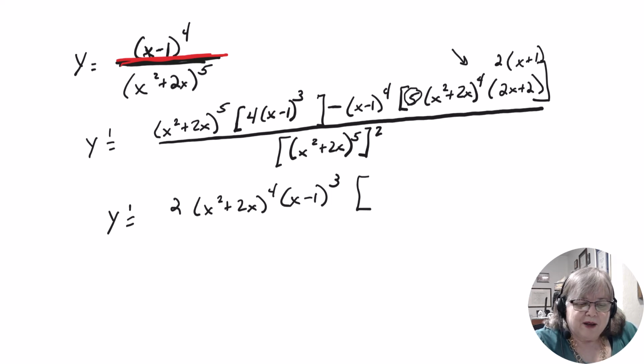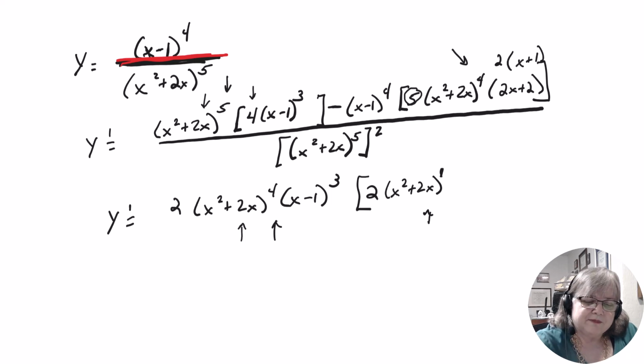I factored out a 2 and I had a 4. So there's 2 still there. Right. I had an x squared plus 2x to the 5th. I took out an x squared plus 2x to the 4th. So there must be an x squared plus 2x to the 1st still left, so that 4 plus 1 equals this 5.